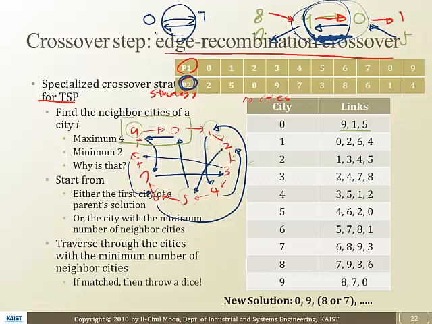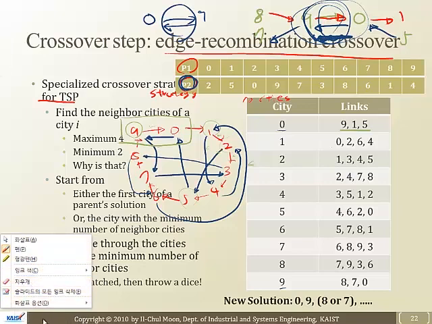Similarly, city 0 and city 9 share a single route that is being utilized by both parents.